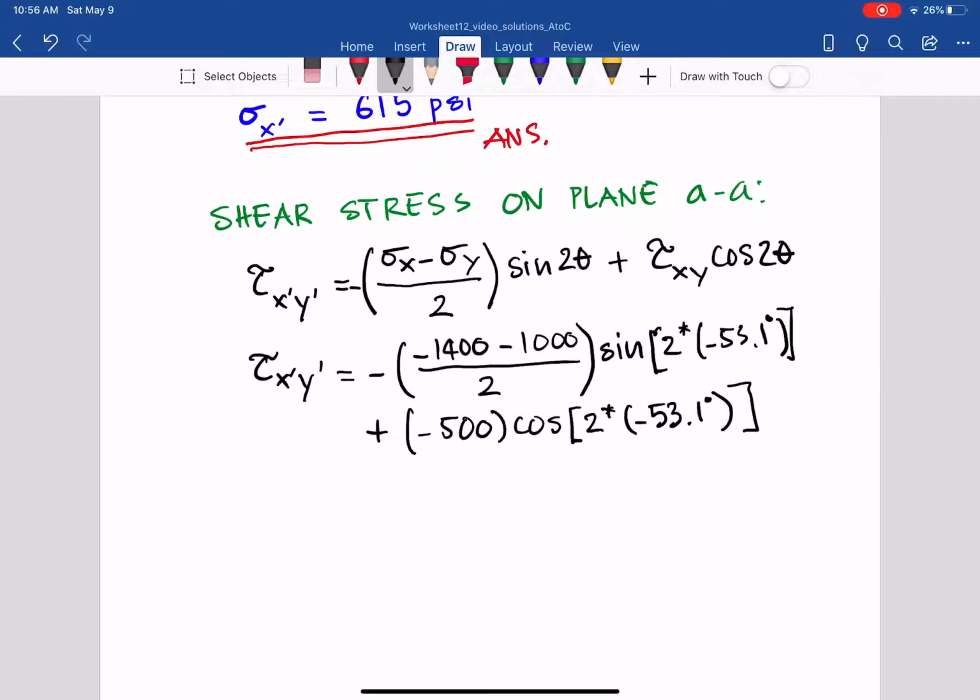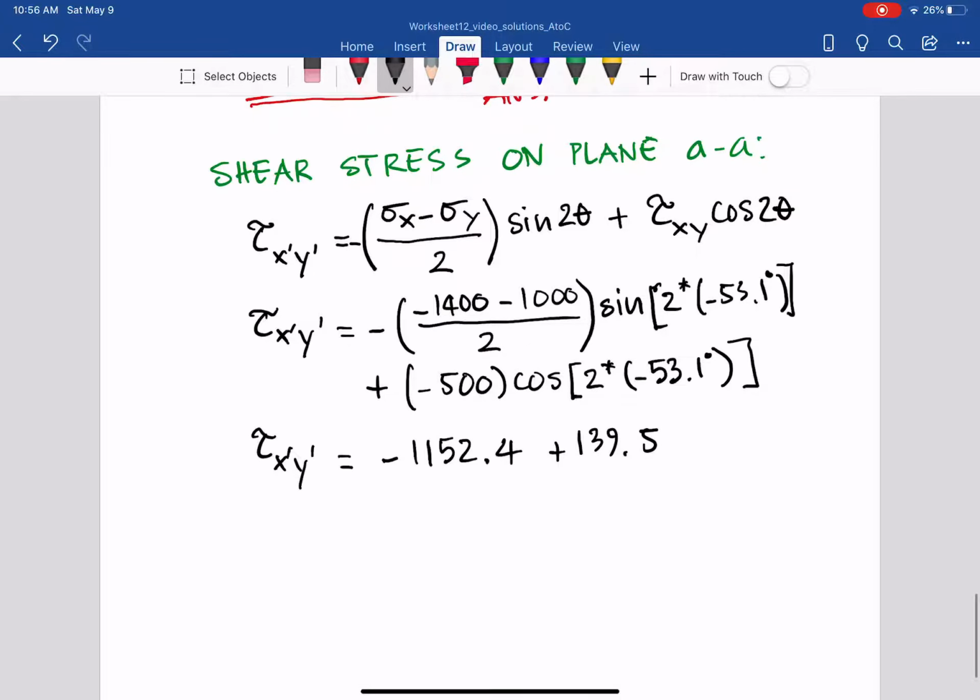So from that we will get the first component. Use your calculator again. For tau x apostrophe y apostrophe, the first component we get is negative 1152.4. The second component we get is 139.5.